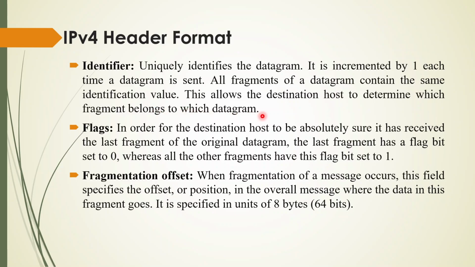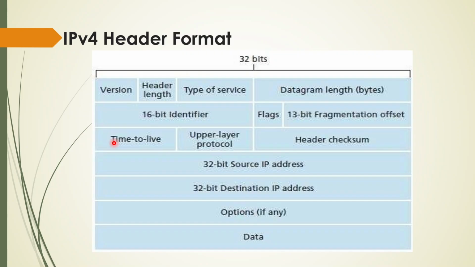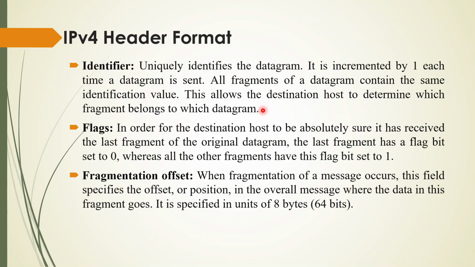So fragmentation means we are dividing a packet into different parts, and we are giving them an identification number. Next is flag. In order for the destination host to be absolutely sure it has received the last fragment of the original datagram, the last fragment has a flag bit set to 0, whereas all the other fragments have this flag bit set to 1.